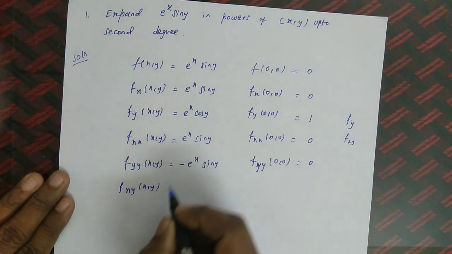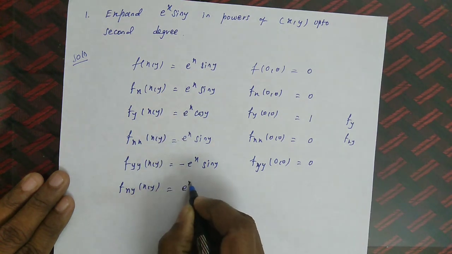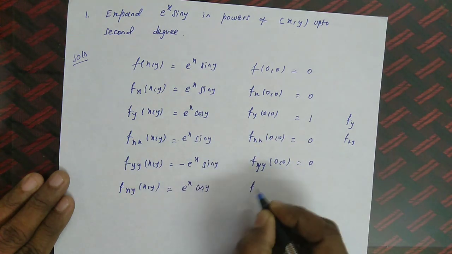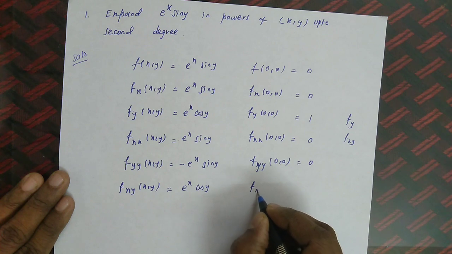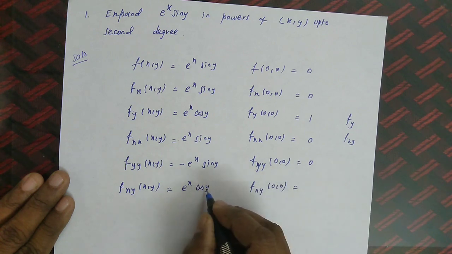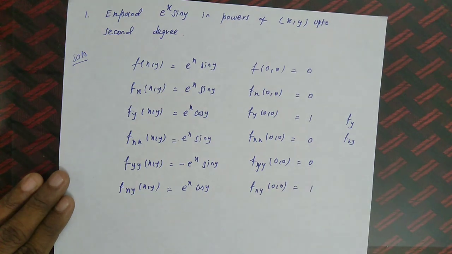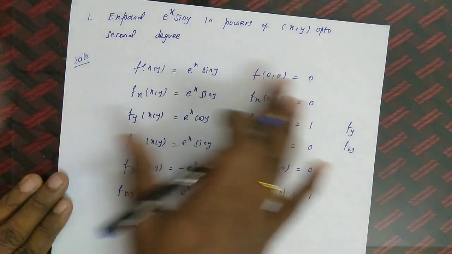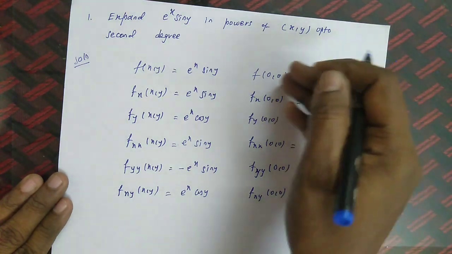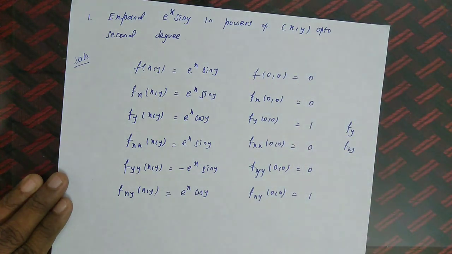So what will happen? e power x differentiation is e power x. Treat the cos y as a constant. Okay. So making x and y as 0, what will happen? e power 0 is 1 and cos 0 is also 1. So this will become 1. So like this, side by side we are supposed to find the first derivative, second derivative, all the values, so that when you are doing the final result it will be easy.